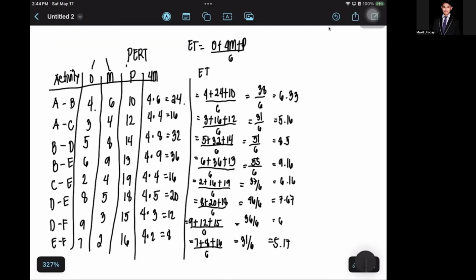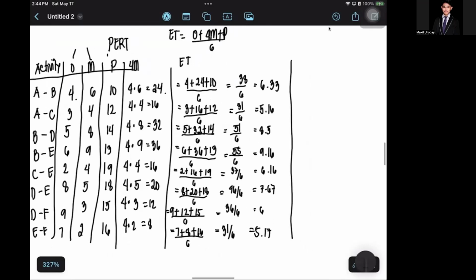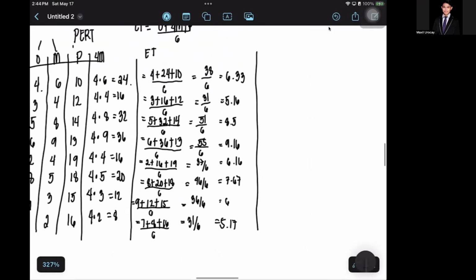So this will be the expected time that we were able to calculate. Since we calculated the expected time, you will also calculate the expected variation. This is the expected time.